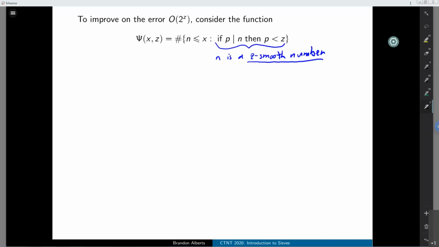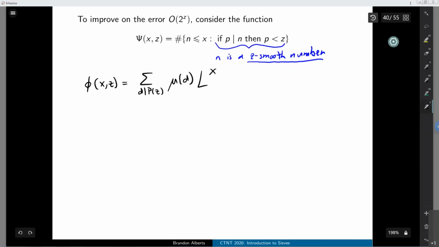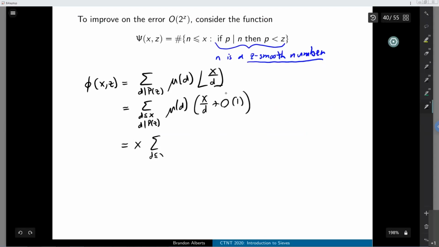And so what this tells us from the last slide, if we take the spot where we started on the last slide, and we instead notice, well, hey, this floor function is only non-zero if d is less than or equal to x, and we include that extra condition, then when we multiply everything out, we get x times this sum plus big O, and now it's the sum over d less than or equal to x and d dividing the product of primes up to z.